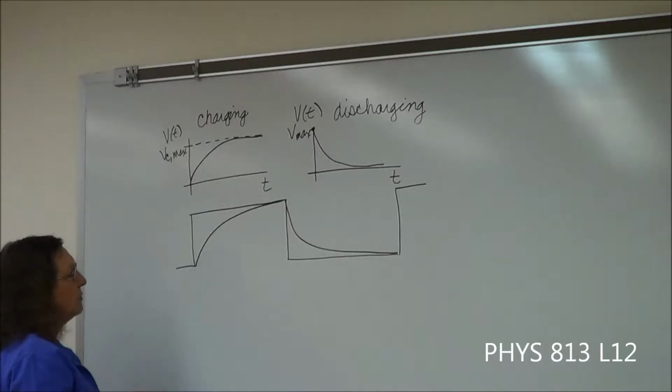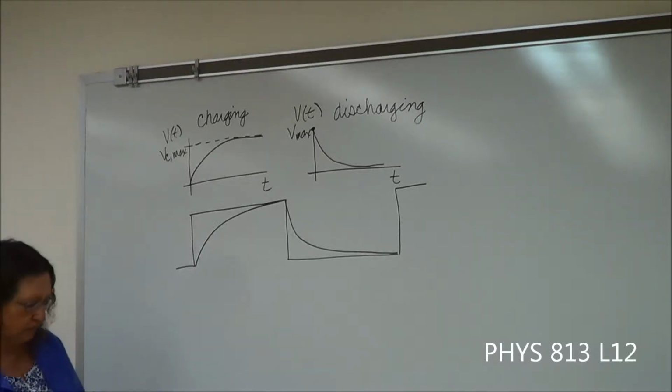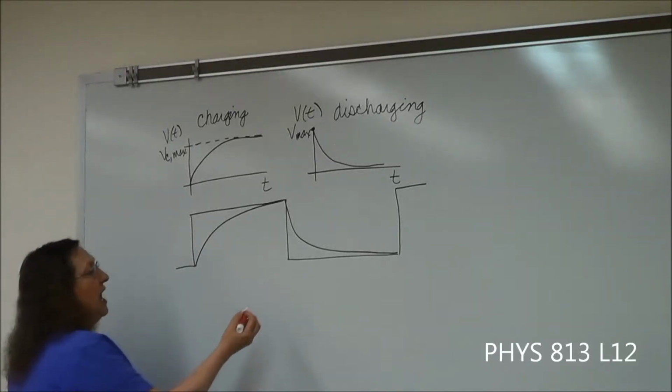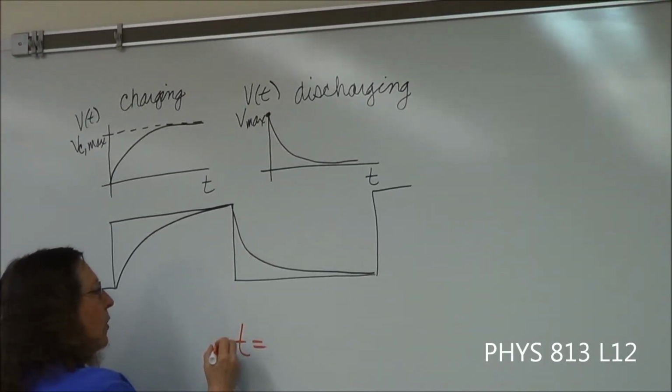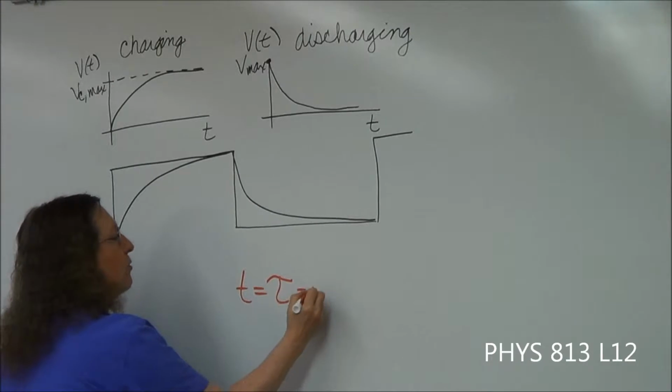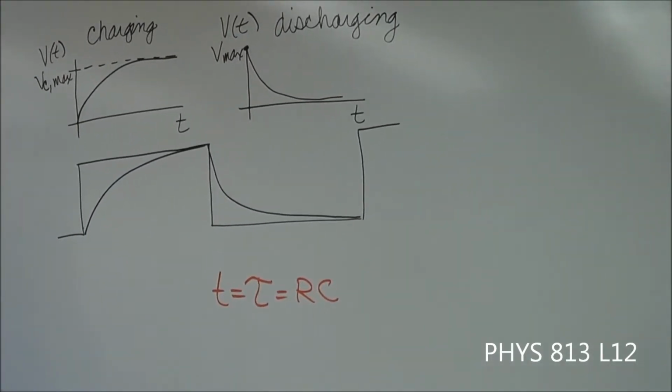Now, the thing that we can measure, though, is at 1 time constant, and I'm going to get my red marker. At 1 time constant, when t equals tau, which is RC, there are certain values that occur.